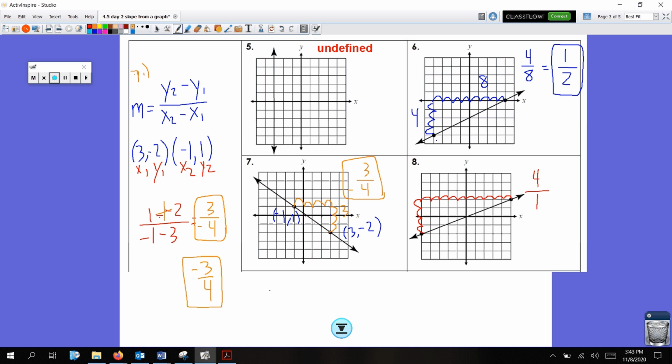Whew. That was a run. All right, 4 over 10. You must put it in its simplest form. So please reduce. 4 over 10 reduces to 2 over 5. They have a common factor of 2. If I divide top and bottom by 2, I get 2 over 5. All right, cool beans.